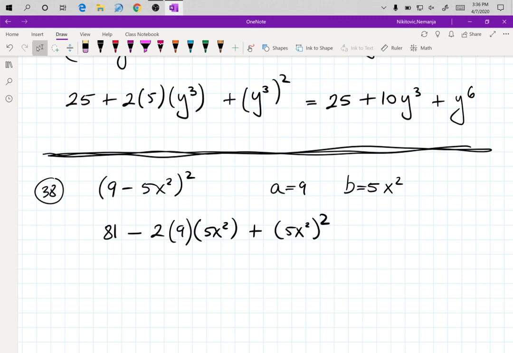So we have 81 minus 45 times 2 is 90x squared plus 25x to the fourth.